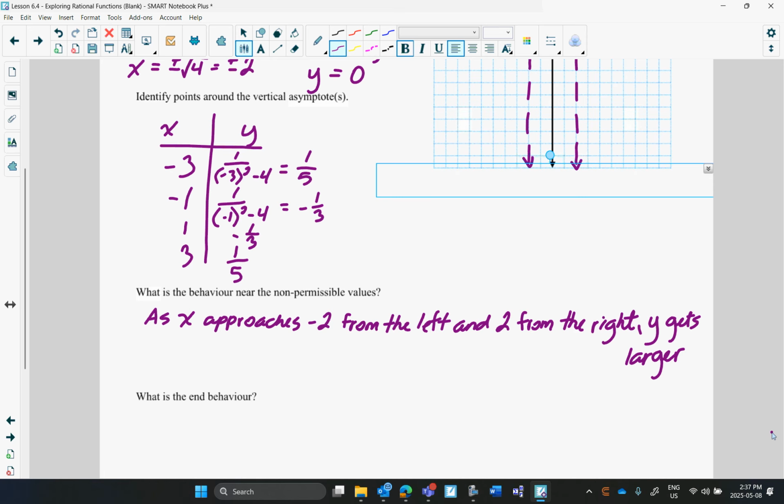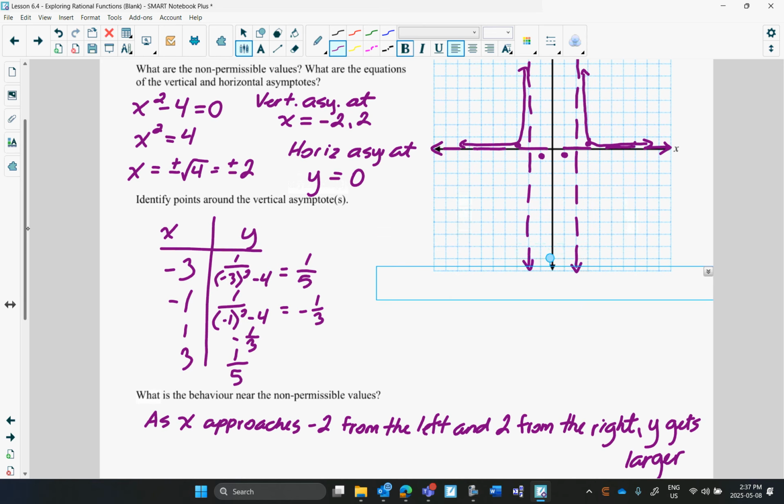What do I mean by that? That means here's -2, right? If I approach -2 from the right, y is getting bigger. If I approach +2 from the right, it's also getting bigger. But what's happening when I approach -2 from the right and +2 from the left? Well, it turns out that it's actually getting smaller. So it goes down along those asymptotes.